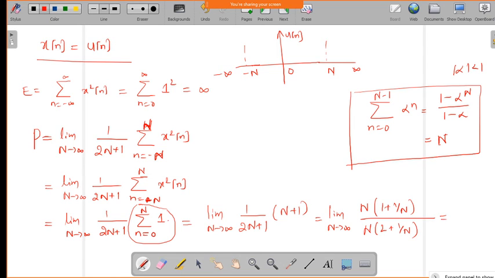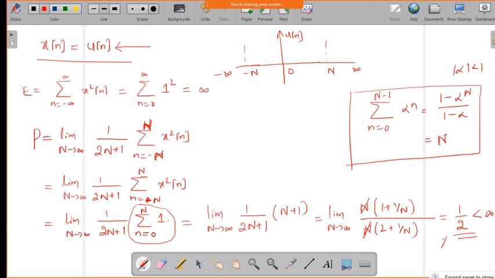So the n cancels. Now if you apply the limit, 1 over infinity becomes 0, so this 1 over n will become 0 and that 1 over n will become 0. Whatever result remains is 1 by 2. So now this is less than infinity, so then we can say this signal is a power signal.